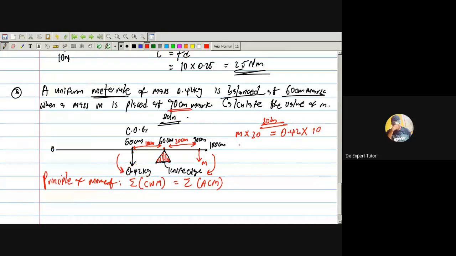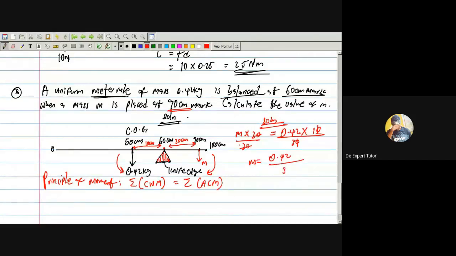So I'm looking for M. I'll divide both sides by 30. We cancel 30, and cancel the 0. So my M equals 0.42 kg divided by 3.